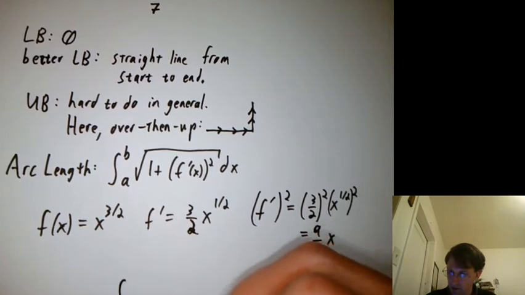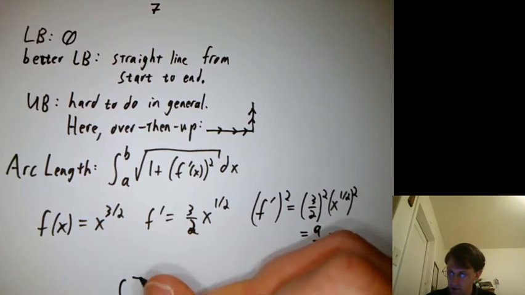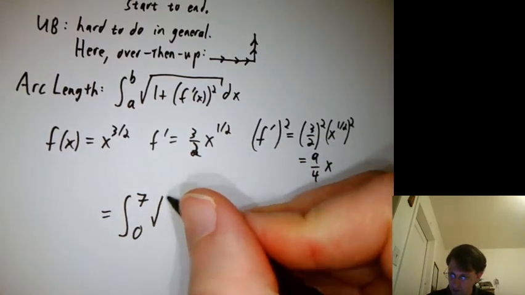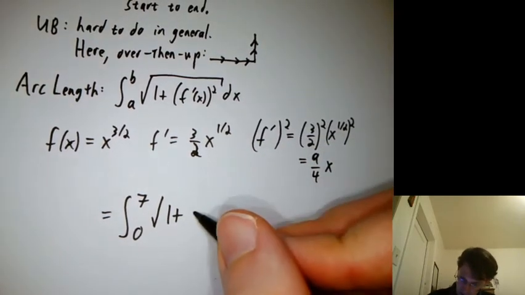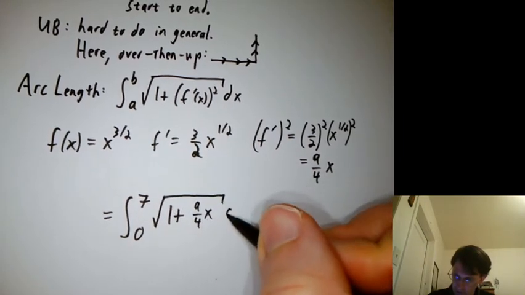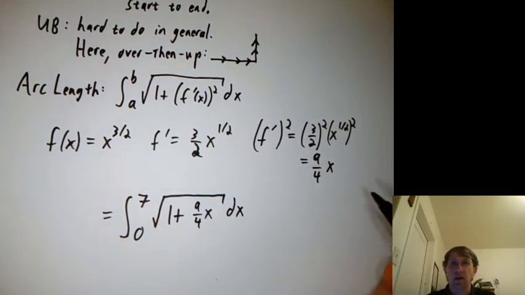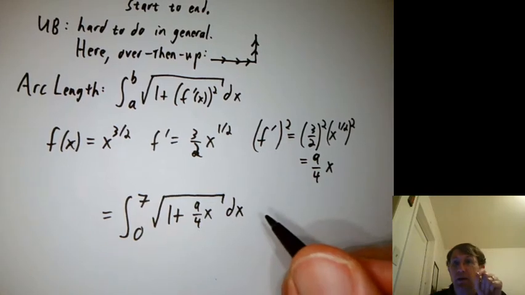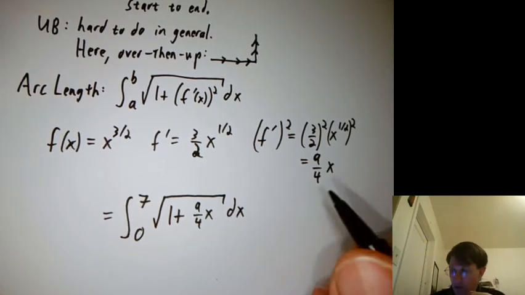So we've got integral from 0 to 7, our start to end point, of square root of 1 plus 9/4 x dx. And how are we going to solve this one? Take a sec to think about it. Well, we've got something inside a square root, so maybe u substitution, right?